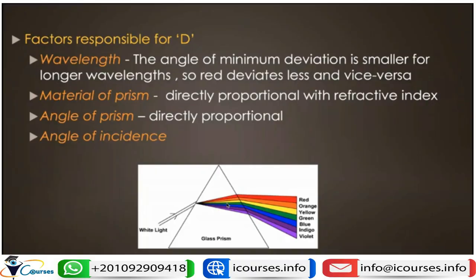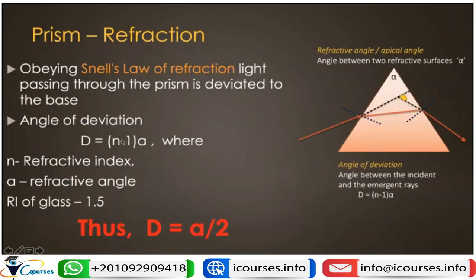The second factor will be the refractive index. So the material of the prism has an important role, as we say that when the refractive index is 1.5, then the minimal angle of deviation will be equal to the apical angle divided by 2. So what happens if we increase the refractive index? The angle of deviation will increase.